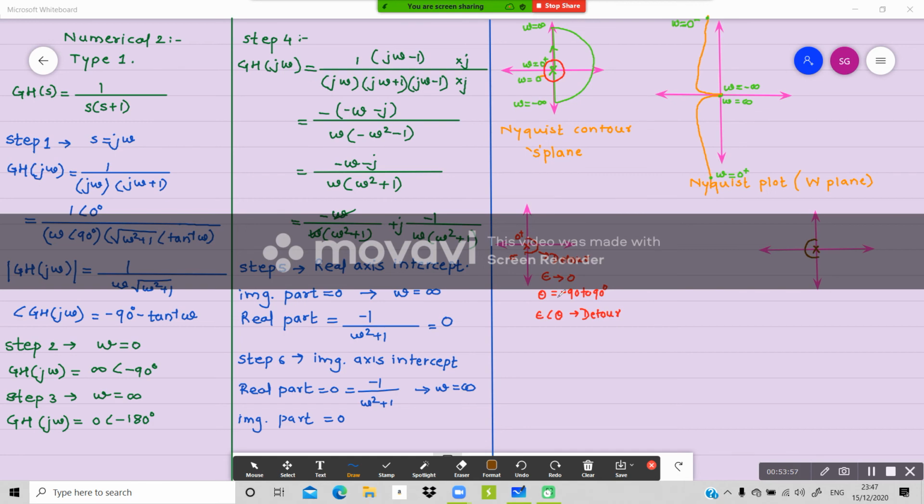This epsilon is tending to 0, but it is plus epsilon. When you consider this detour radius, you can represent it as minus epsilon with angle theta. Again, epsilon tending to 0, no doubt about it, and your theta is from minus 90 to plus 90, because from downward you are going upward. So the angle will be from minus 90 to plus 90.